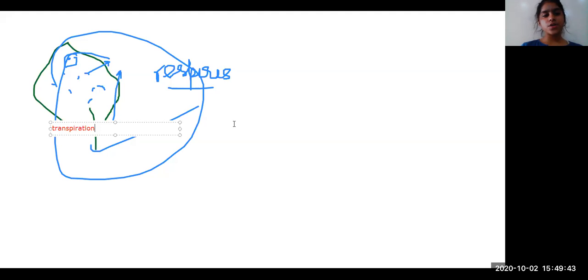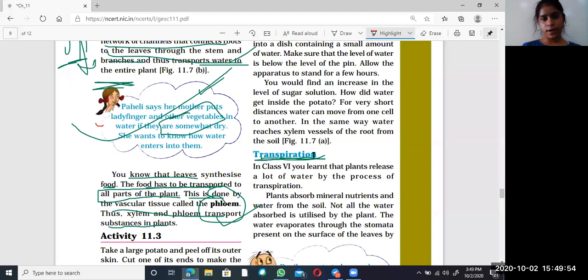Okay, so transpiration is that process in which your plant, people, I'm very bad at drawing, so do not mind me for that. I hope you all can see the screen now. Transpiration. Plants absorb water and nutrients from the soil. Not all the water is absorbed by the plant, right? The water evaporates through the stomata present on the surface of the leaves. You all know that.